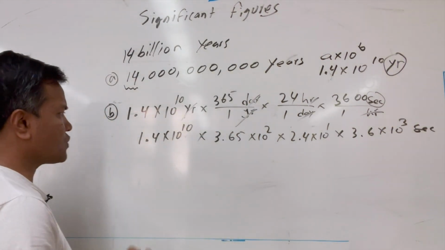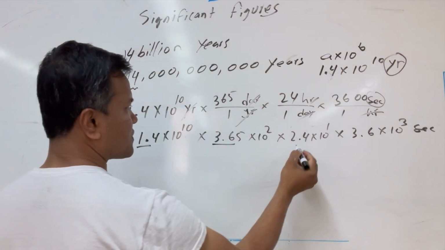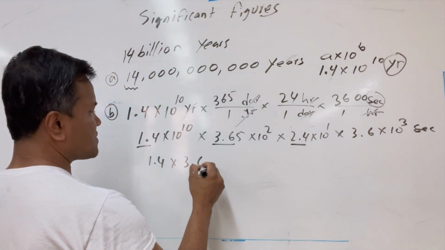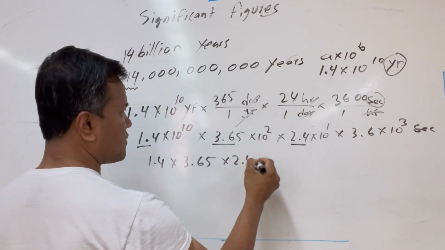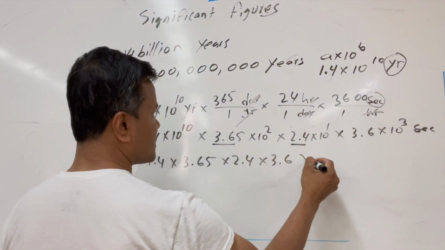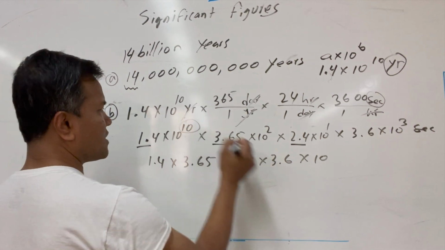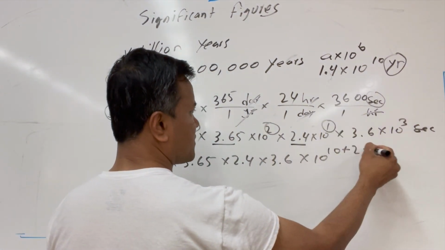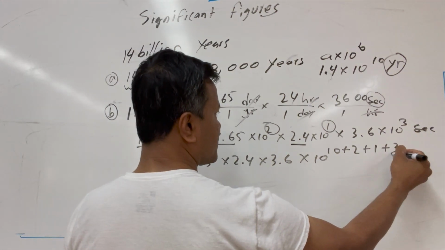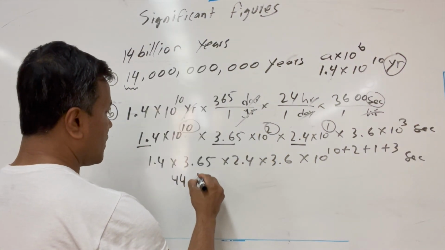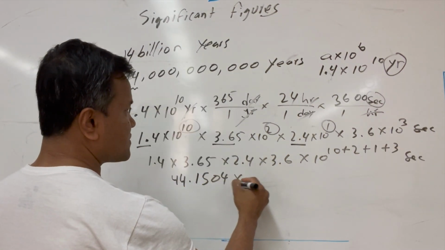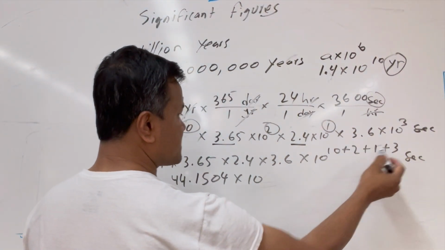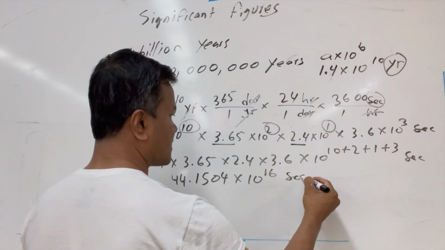All right, so if you multiply this, 1.4 times 3.65 times 2.4 times 3.6 times 10 raised to 10 plus 2 plus 1 plus 3 seconds. That is 44.1504 times 10 raised to 16 seconds.